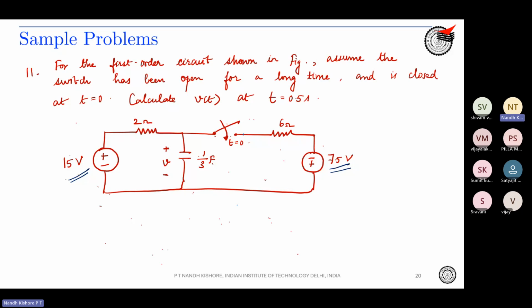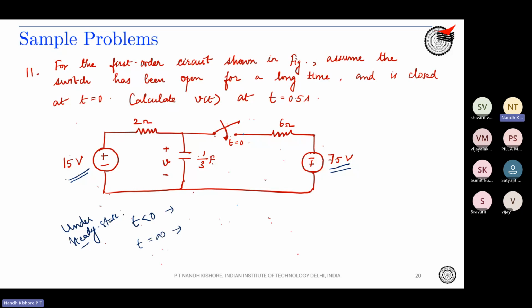So the first thumb rule for all of these type of questions: find out the steady state. Under steady state, that is t less than 0, what happens? And t equal to infinity, what happens? Two extremes, before the switch is closing and after the switch is closing.